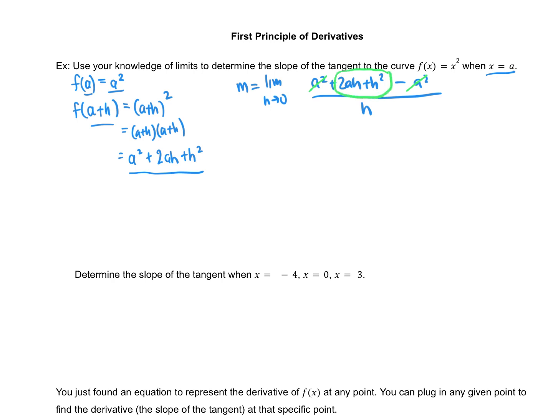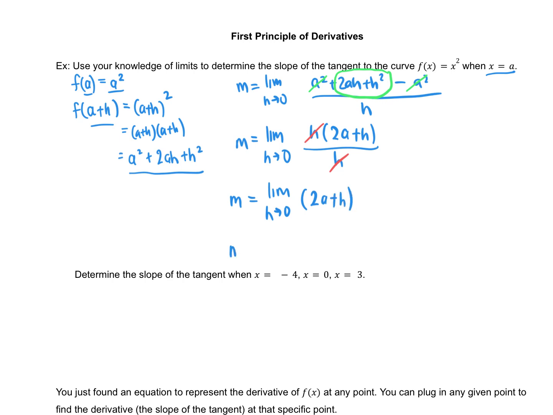And those two terms have an h in common. So I'm going to factor it out. And when I factor out an h, I'm left with 2a plus h all over h. And the h's cancel out. And we're left with the slope being the limit as h approaches 0 of 2a plus h.